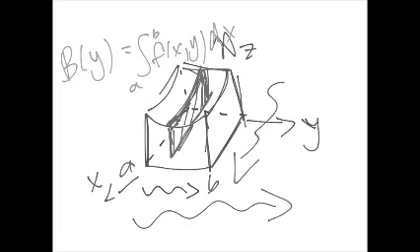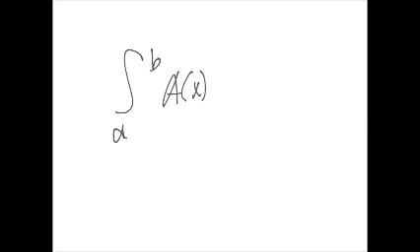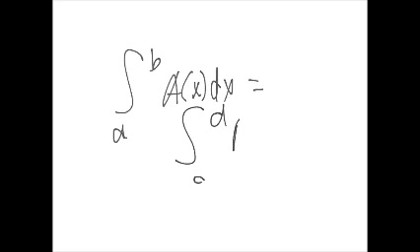So if we accept that A(x) and B(y) are the same, what we should get then is that the integral from a to b of A(x) dx, which is the single variable volume, equals the integral from c to d of B(y) dy.